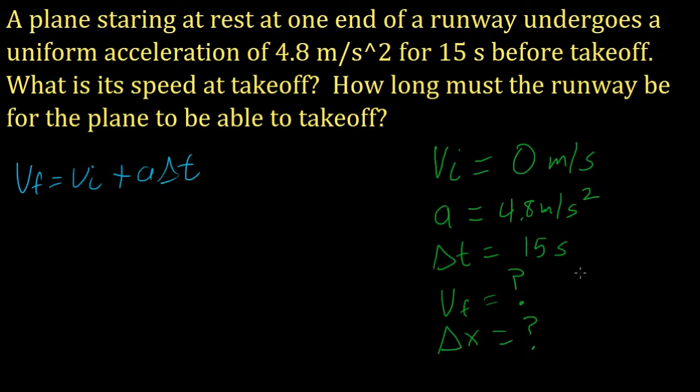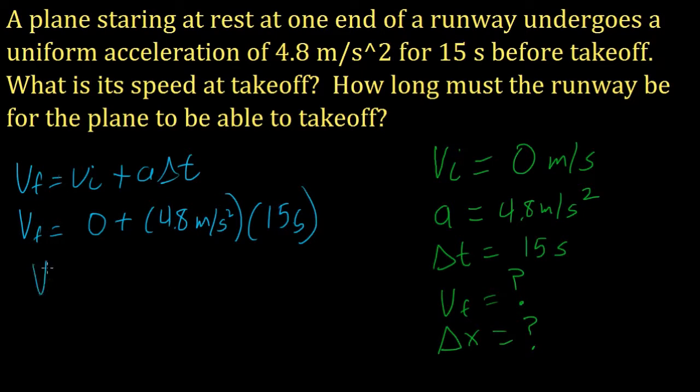All of our units agree here, so we can plug straight in. Vf equals Vi, which we had, 0, great, plus a, which is 4.8 meters per second squared, times delta t, which is 15 seconds.